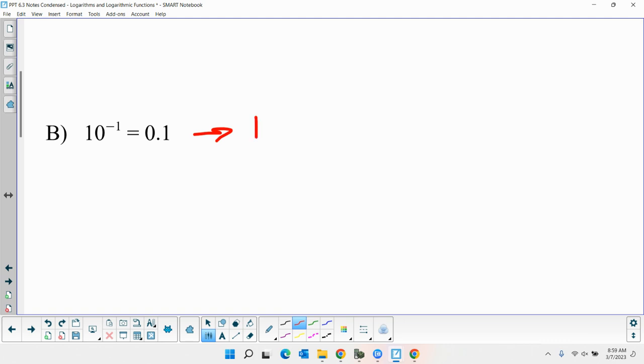Okay, so log base 10 of 0.1 equals negative 1. Good. So that's our base. So log base 10 of the number equals the exponent negative 1.